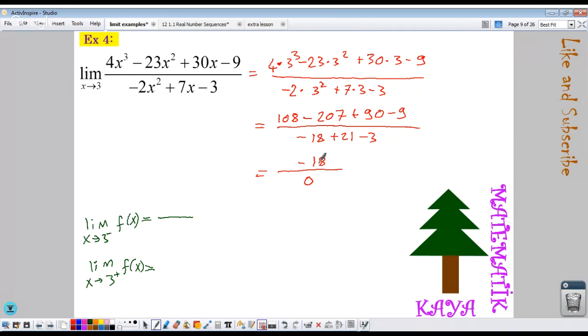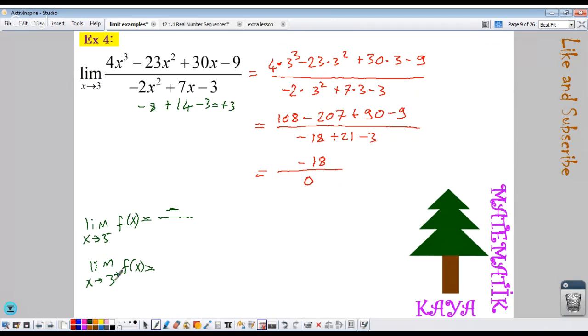Approaching 3 from the left side, the results will be around minus 18, so there will be a negative result in here. Let's check the denominator part. If I put some number smaller than 3, let's say positive 2, let's check that one. 2 squared is 4, minus 2 times 4 is minus 8, plus 2 times 7 is 14, minus 3. Minus 8 minus 3 is minus 11, and plus 14 is positive 3.